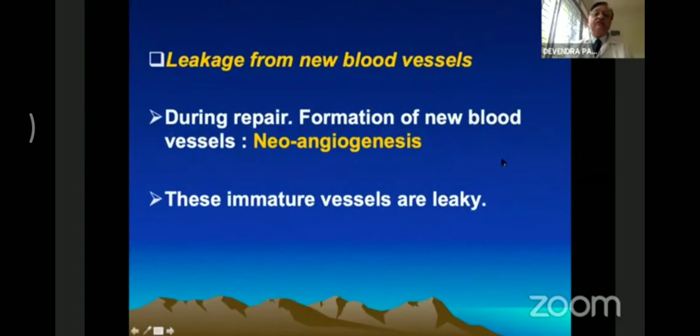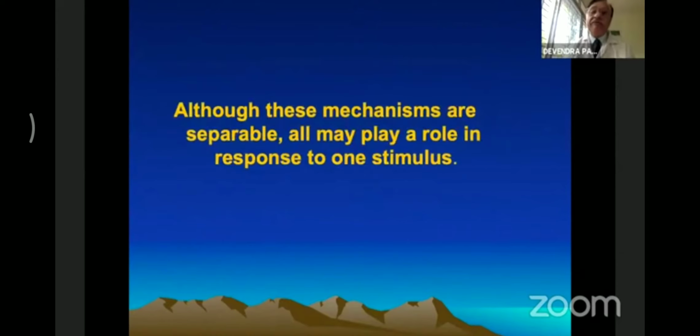Lastly, leakage from new blood vessels. We know the repair process is proceeding where granulation tissue is formed, which starts with new blood vessels, neoangiogenesis. These new blood vessels are immature and leaky, so more fluid goes out. So all these are the different mechanisms by which there is increased permeability of the blood vessel.